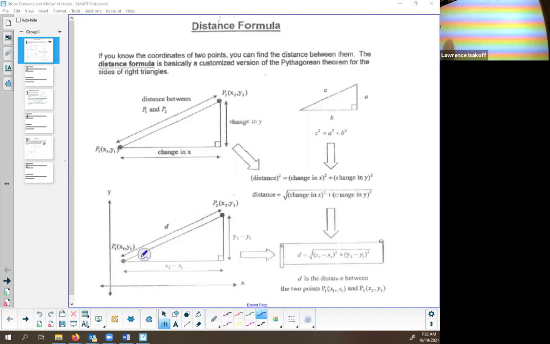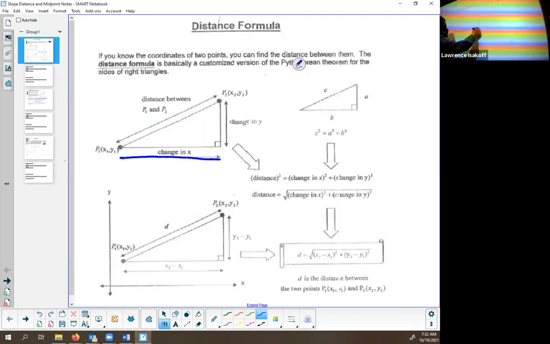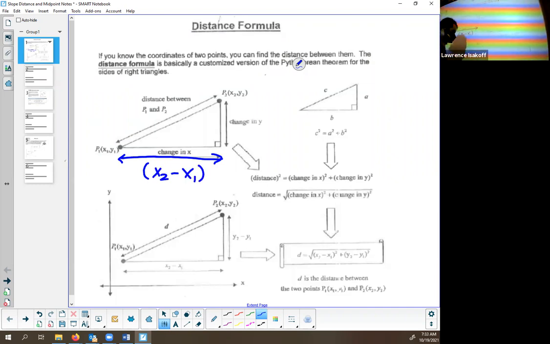So here with this, if I am given any two xy points, this is the change of x across here. So this could be my second x value minus my first x value. Over here, we're talking about the change in y.